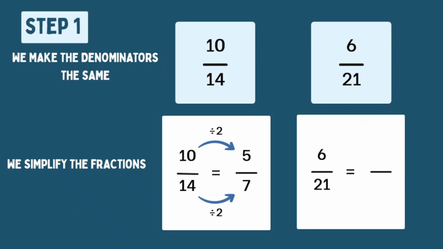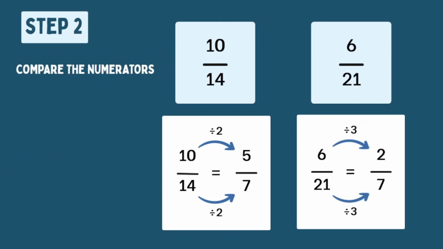So we divide the numerator by 3, we get 2, and we also divide the denominator by 3, we get 7. And you can now see that we have 7 as the denominator in both. Am I with you?